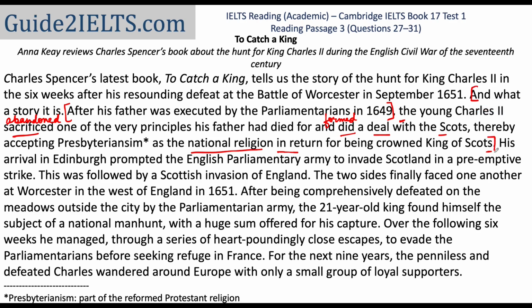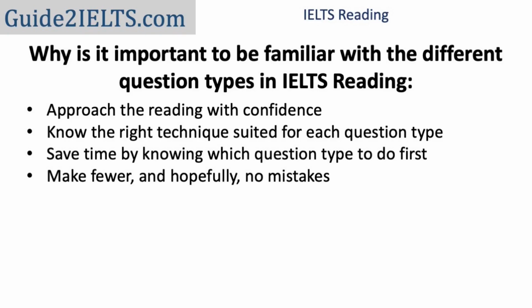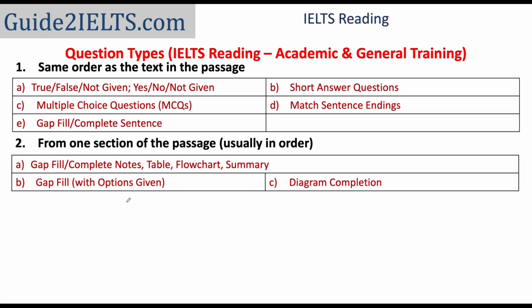In the description of this video, you'll find a link to a video in which all these questions are discussed in minute detail. Knowing the question types helps you decide which questions to do first and know the right technique for each question type. Basically, it helps you find answers quickly and correctly. Most of the question types have answers in the same order as the information in the text.